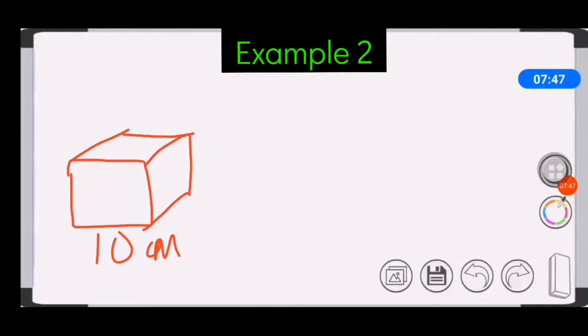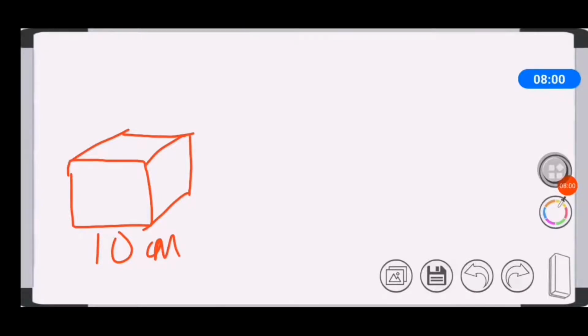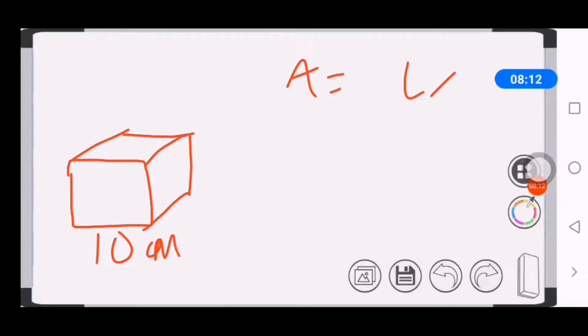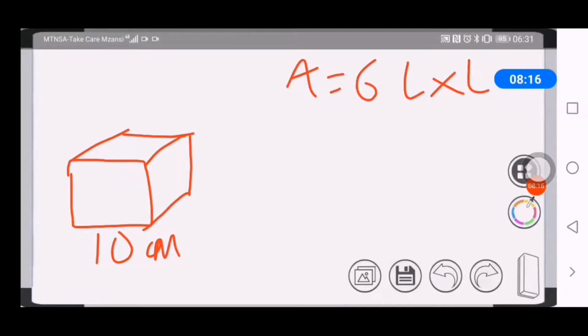In most cases, for a cube, they will just give you one dimension or one side, like in this question, we only have the 10 centimeters. The reason being that you are able to know that all the sides are equal when you are just given one side. All right, so the surface area of the cube is the area of one face, which is length times length, right, multiplied by 6.